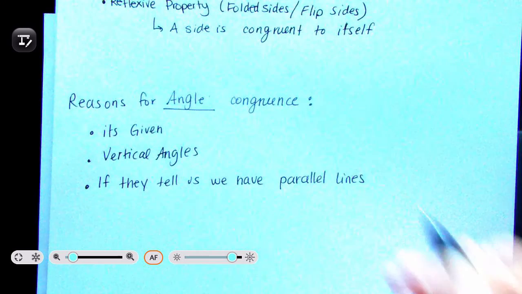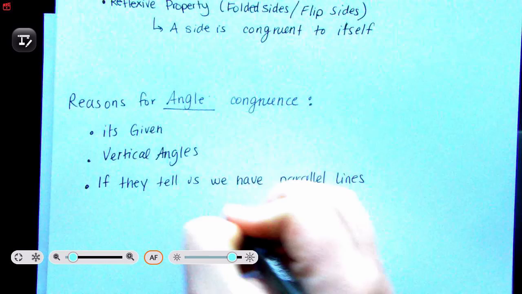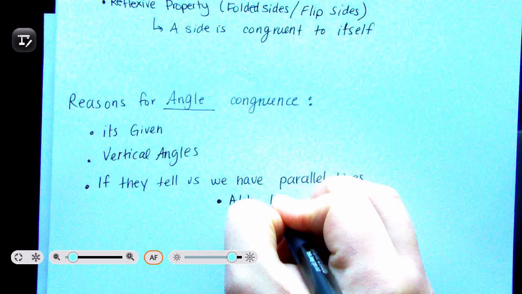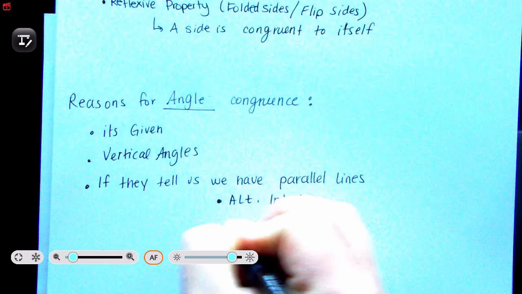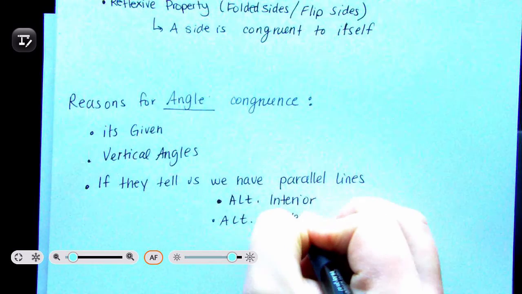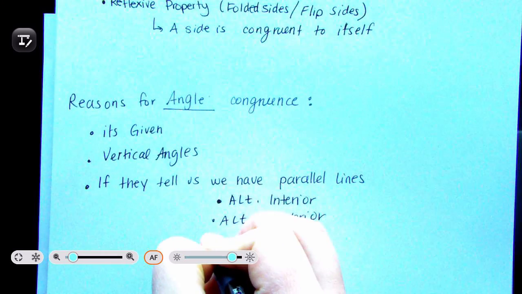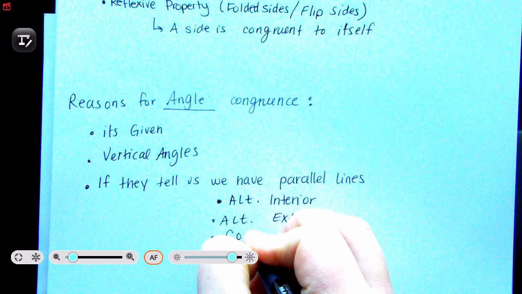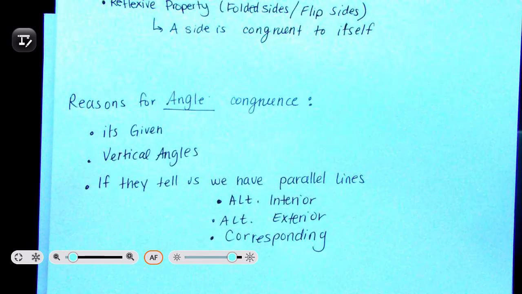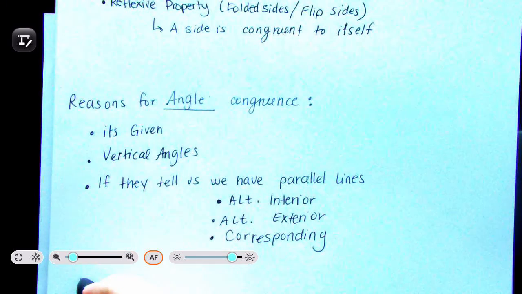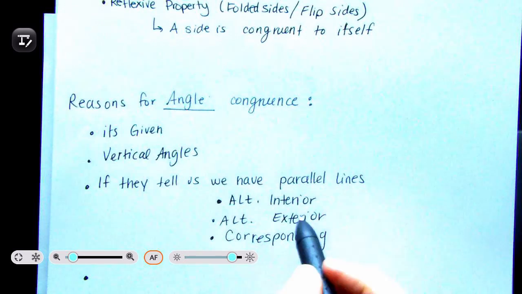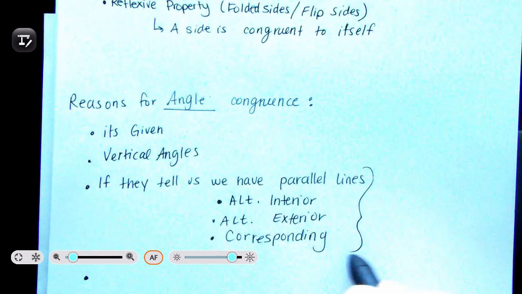again, only if they tell us we have parallel lines, then we can use alternate interior, alternate exterior, corresponding, and then also, this is not, so only this is for parallel lines.